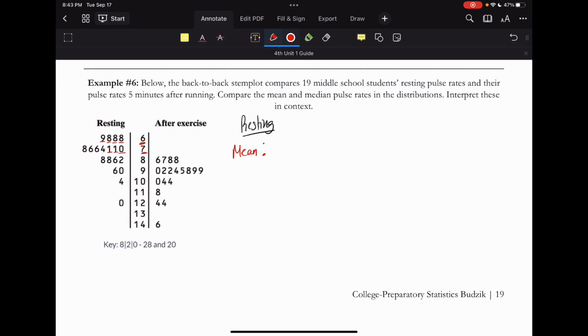So that gets me, when I add everything up, 1,543. And I'm going to go ahead and divide that by 19. So that gets me approximately 81.21. Okay. Throw in the context on there. Again, that's saying the average resting pulse rate is 81.21.